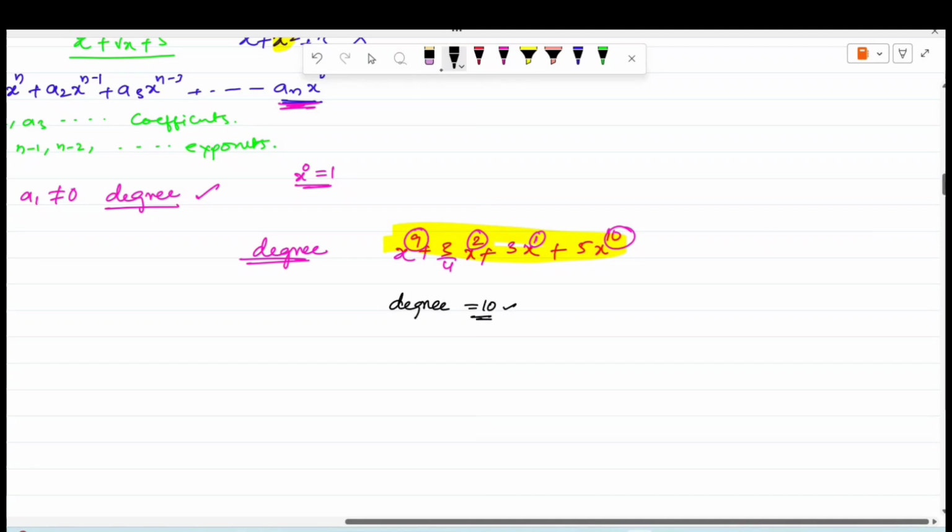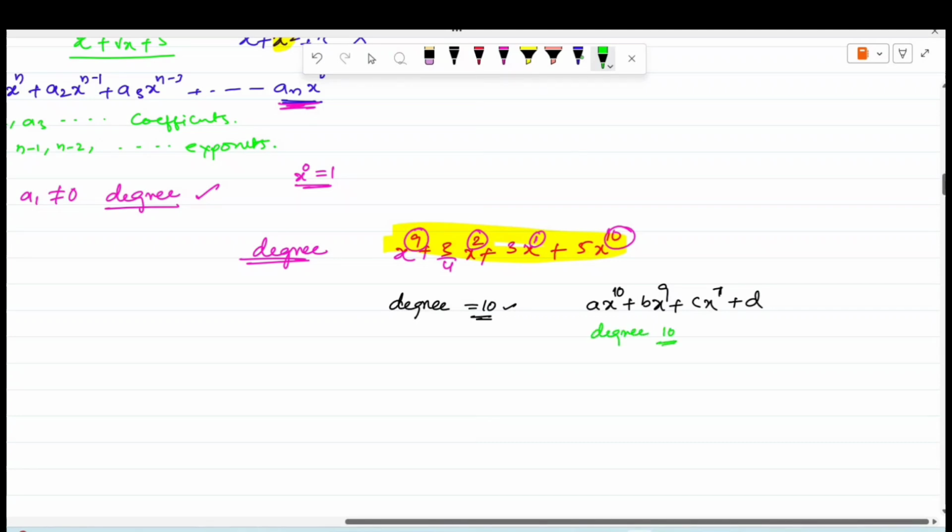Suppose it is given in a variable way like ax power 10 plus bx power 9 plus cx power 7 and so on, plus d. What is the degree of this polynomial?